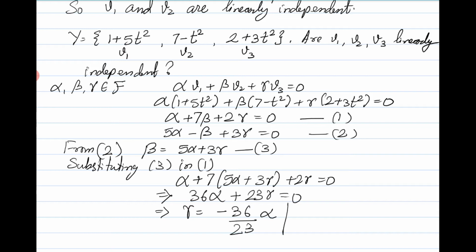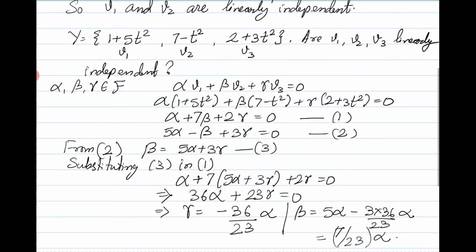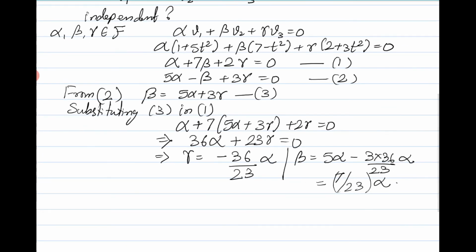And from here we get beta equal to 5 times alpha minus 3 into 36 by 23 times alpha, which is 7 by 23 times alpha.